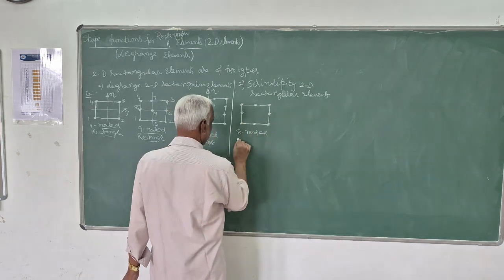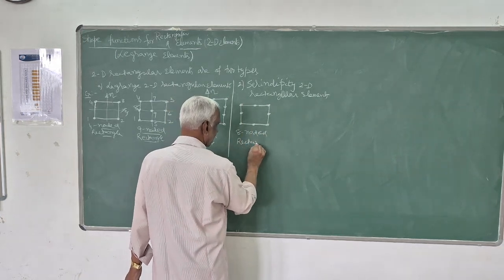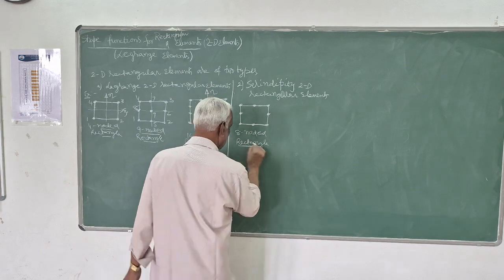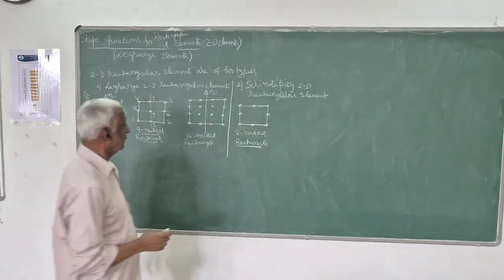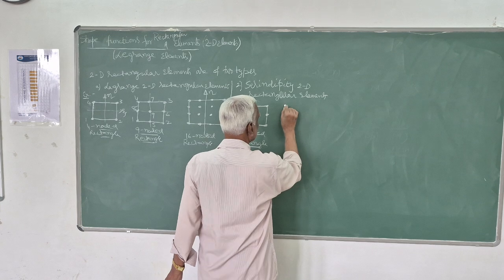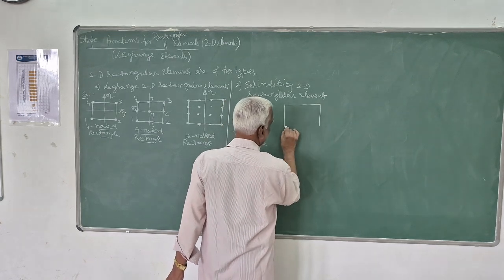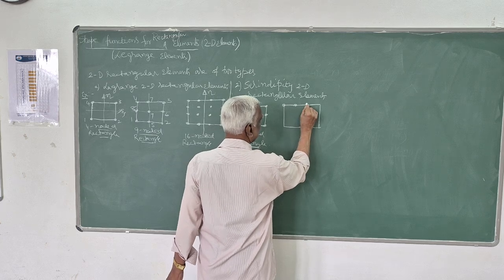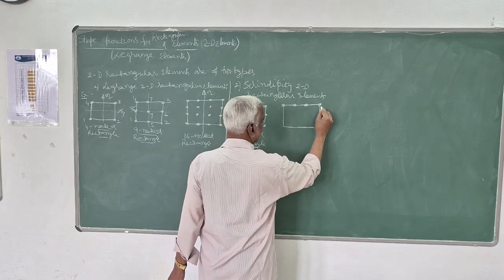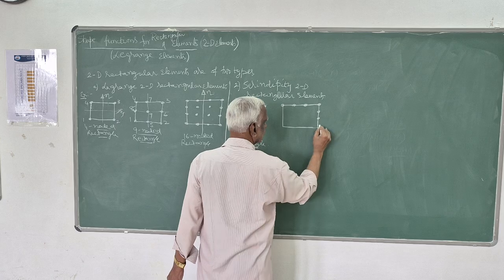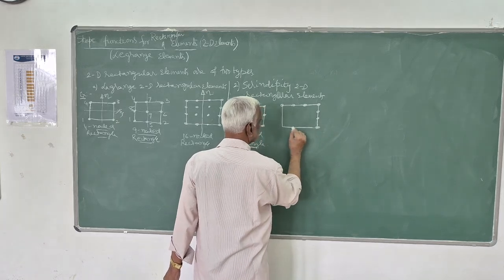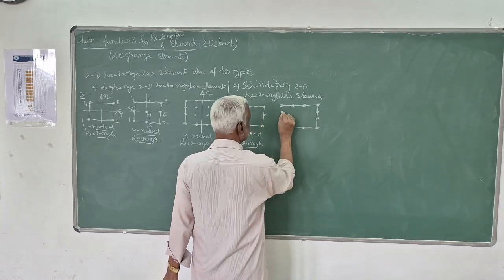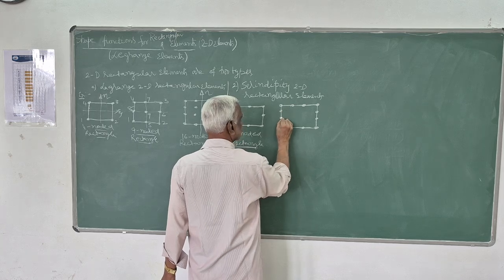This is 8 nodal. Eight nodal rectangle. This is a serendipity element, or you can have two nodes on the sides, middle of the sides, like this. Like this.